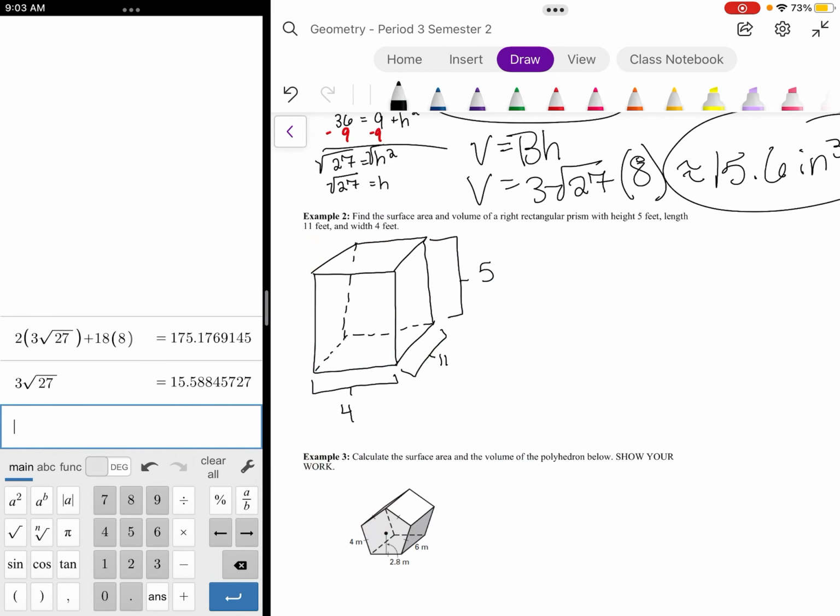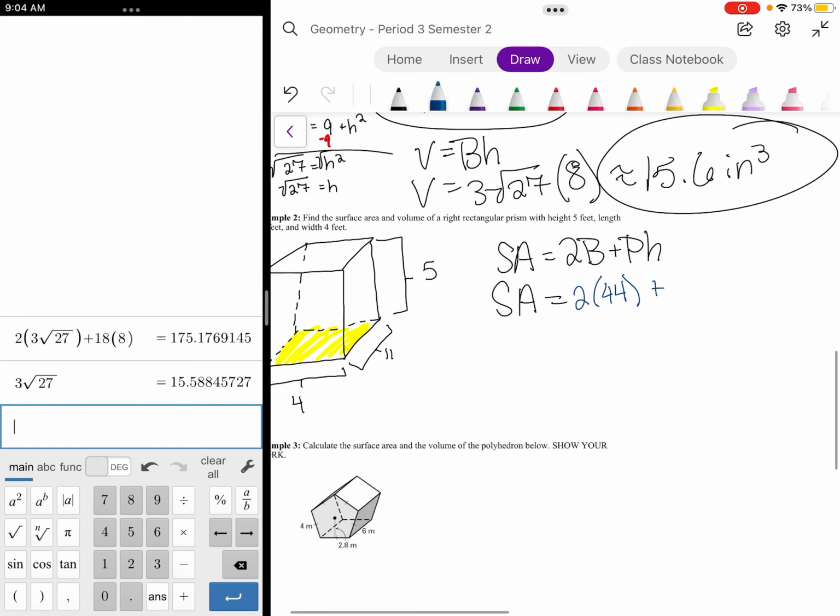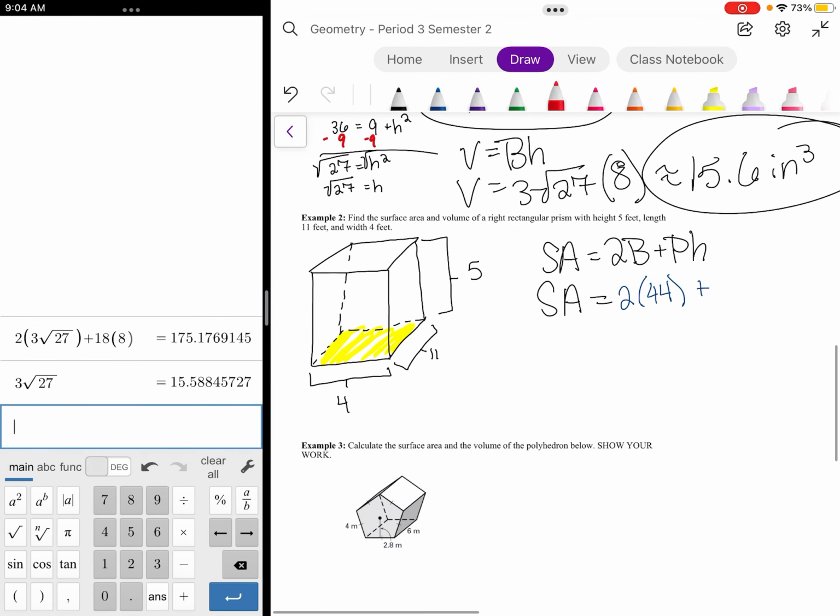So again, our surface area formula is 2 base plus perimeter times height. So if we use this bottom as our base, we're going to take 11 times 4 to get the area of our base. So we're going to have 2 times 44 plus, we have to find our perimeter.